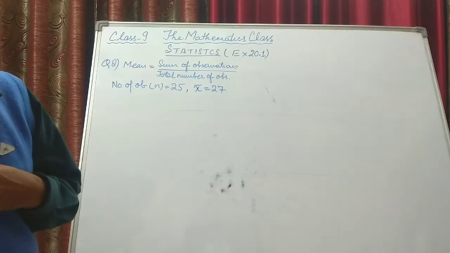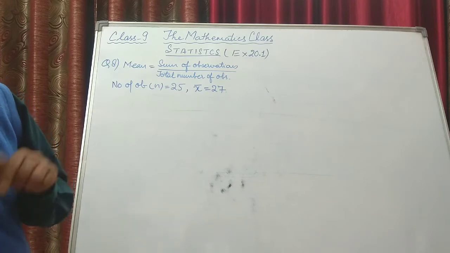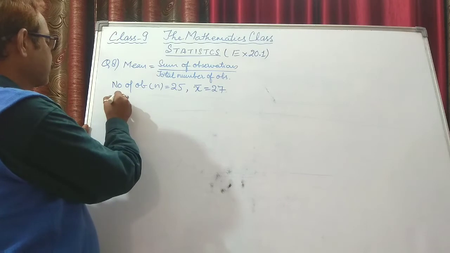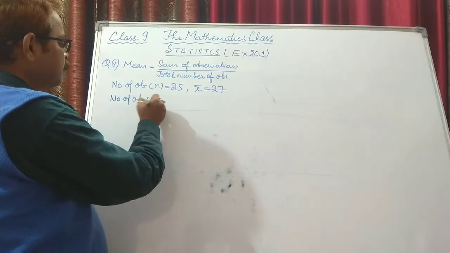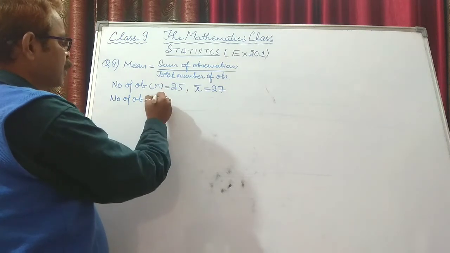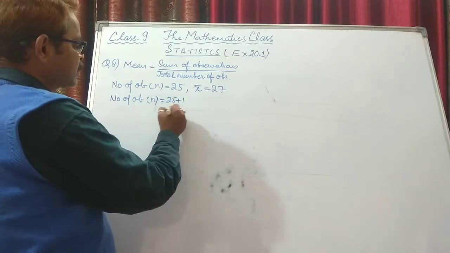Then what do they say? They say that if one observation is included, means now the number of observations will become n plus 1. And now the number of observations will become 25 plus 1, that is 26.